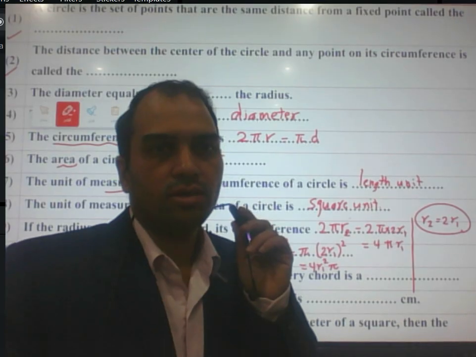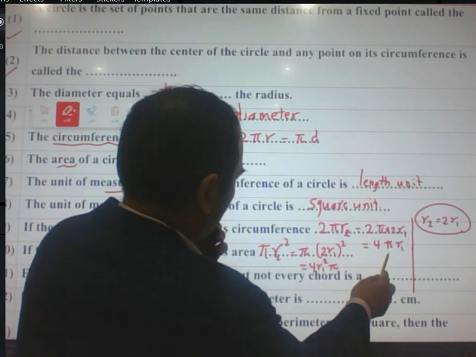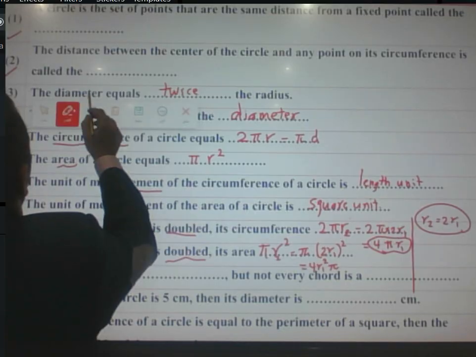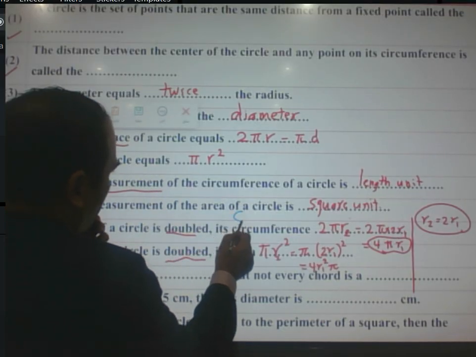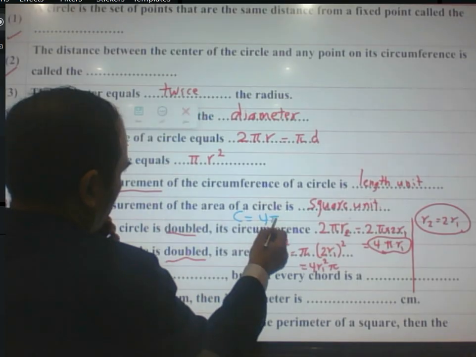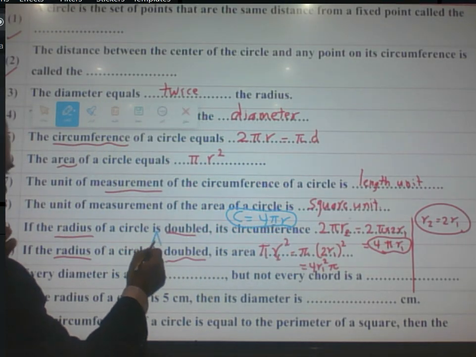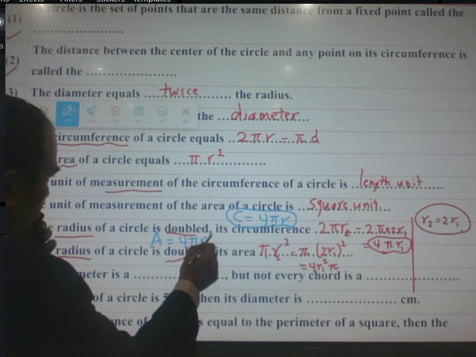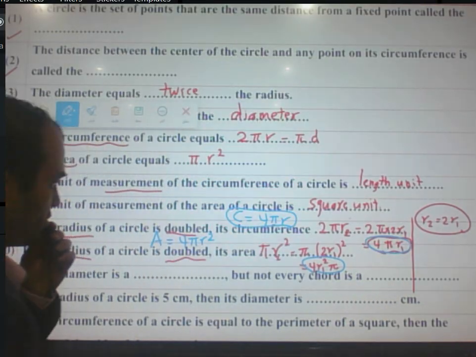My students, know the steps. The answer for the circumference will be 4πr, and the area will be 4πr². Write this, okay? This is the solution. I explained how to find the answer.